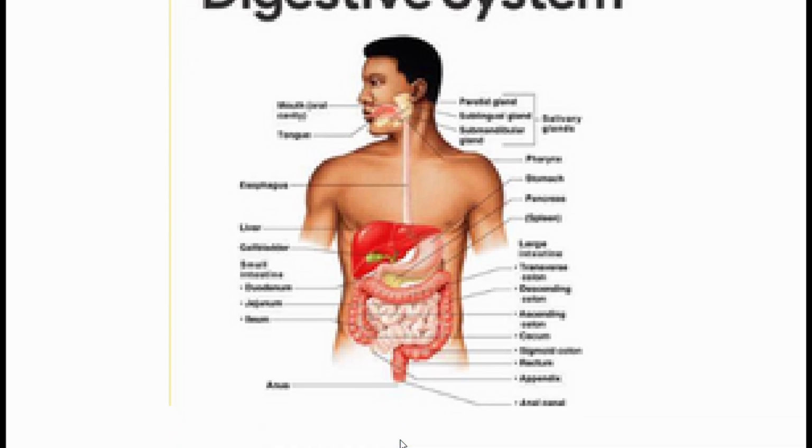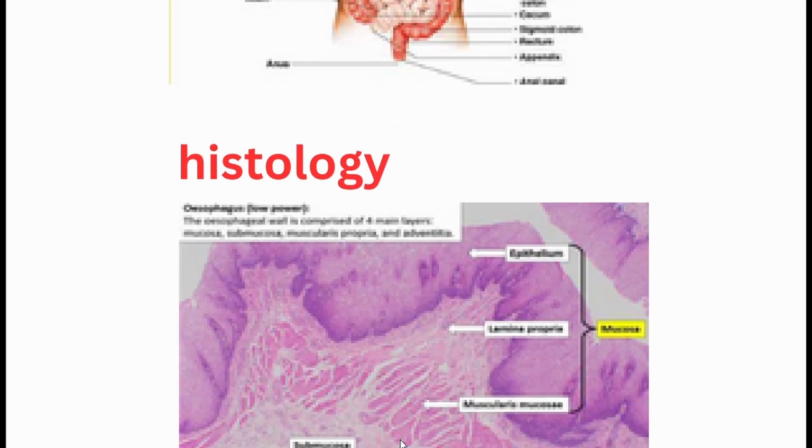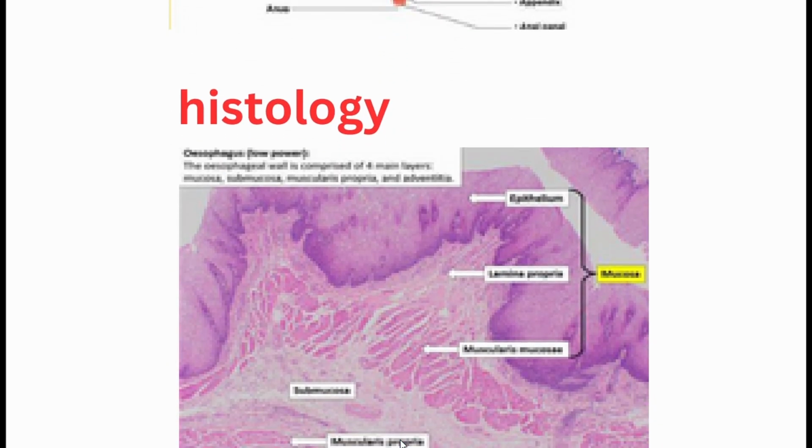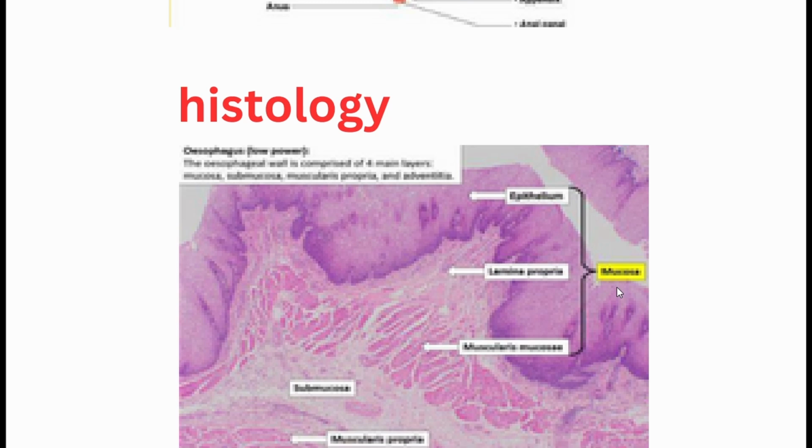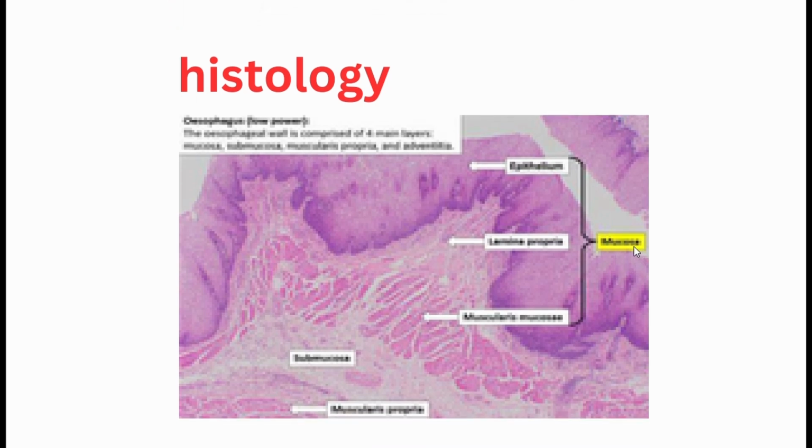Now let's go to the histology of the digestive system. We are all aware that it is made up of four layers. I'm extremely sorry for this blurred image. The first is mucosa, the second is submucosa, the third is muscularis propria, and the fourth is serosa.